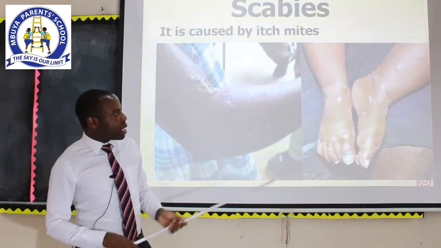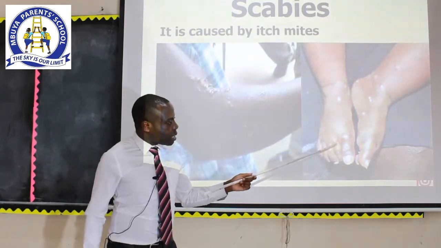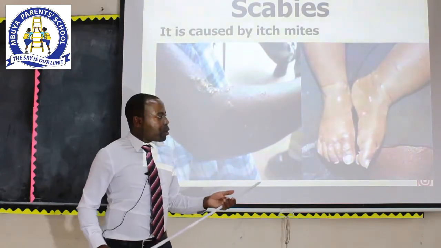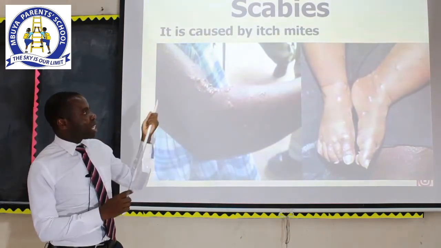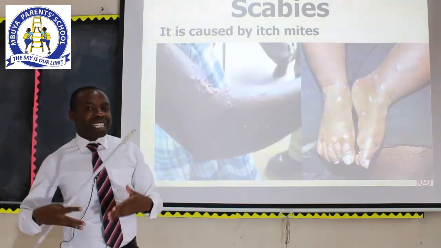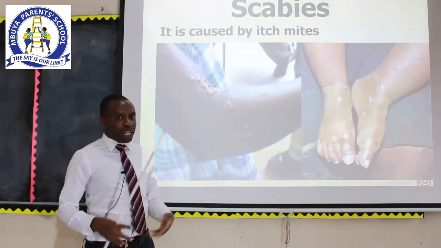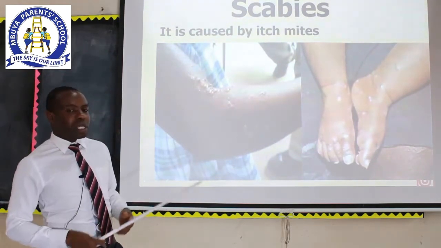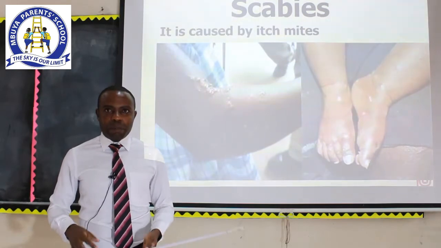When you check here, you are going to find that this part is affected, and the effect can continue to other body parts. It is also contagious, meaning it can spread through close body contact with an infected person. And that means if we are to prevent it, we avoid body contact with an infected person.